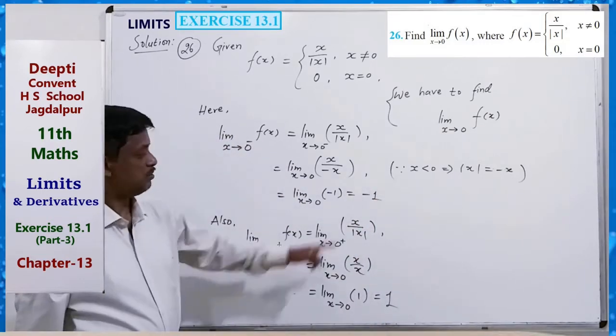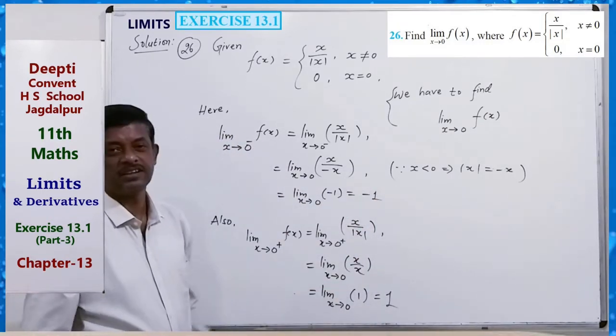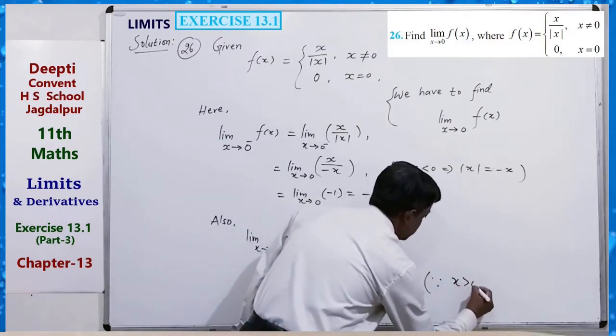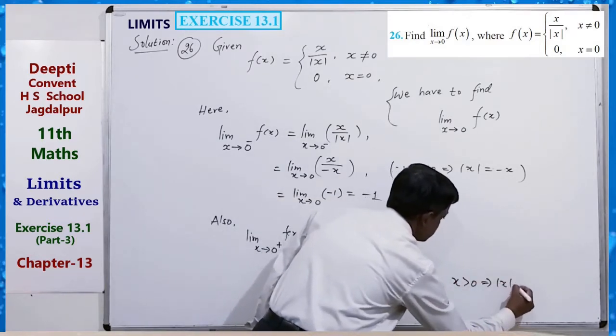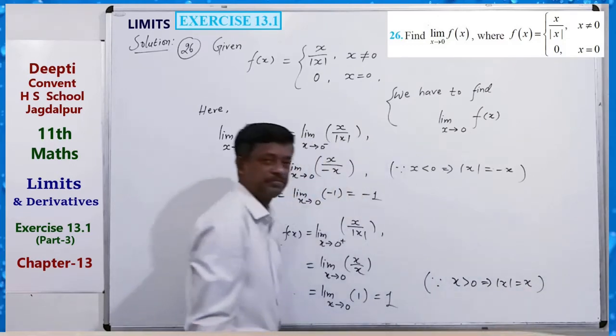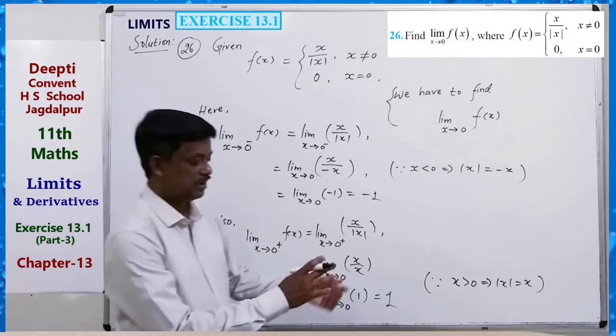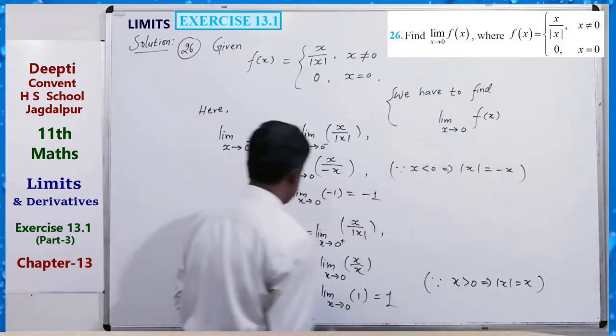Then the left hand limit is minus 1, the right hand limit is 1. The same type of logic, mod x is equal to x. So here also the limit does not exist.